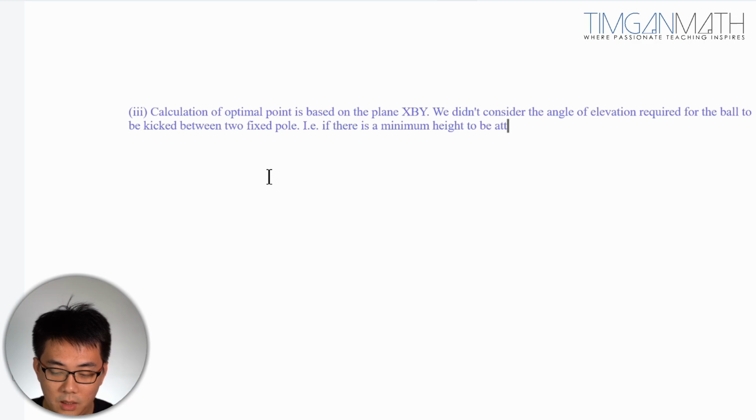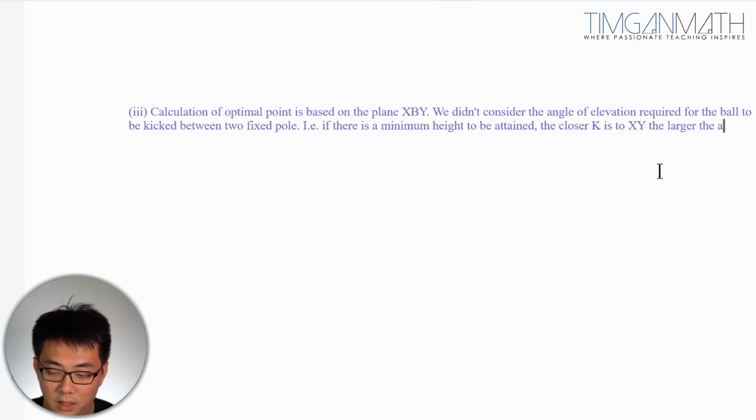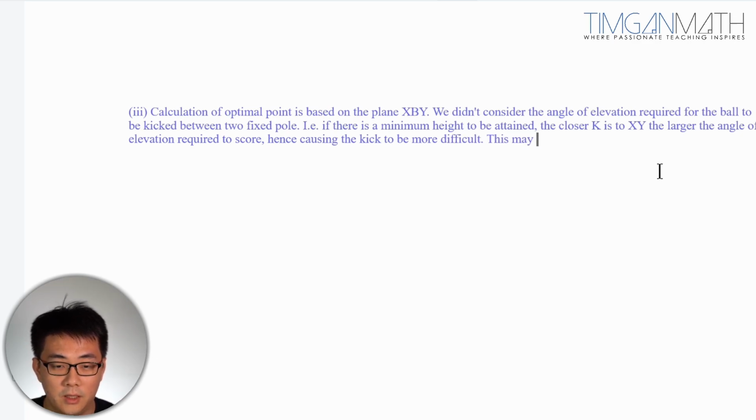So for example, if there is a minimum height to be attained, the closer k is to xy, the larger the angle of elevation required to score, hence causing the kick to be more difficult.